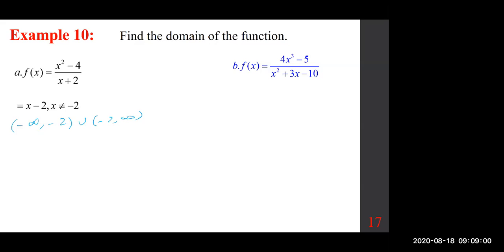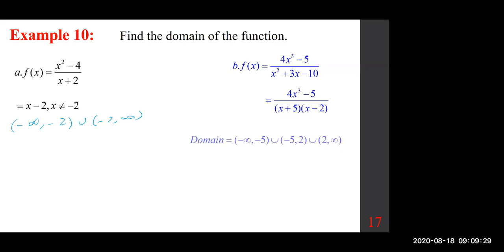It's x and x. You want two numbers. The product is -10. The sum is +3. So you want 5 and -2 in any order. It makes no difference. So x plus 5 is 0. That means x is -5. x minus 2 is 0. That means x is 2. Those are out. So x cannot be -5. x cannot be +2.